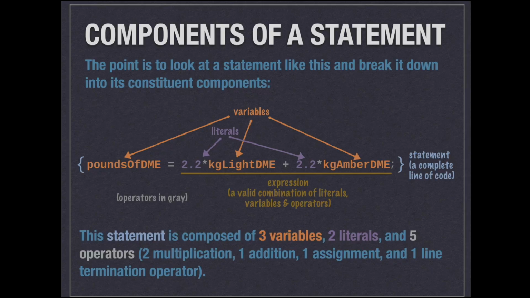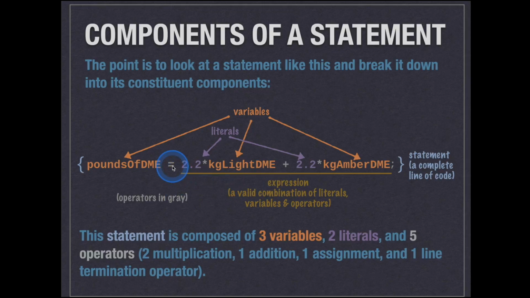The literal values I've got in purple, so you can see there's two literal values. These are actual bits of data, an actual number, an actual piece of text. So there's 2.2 in both cases. I've got operators in gray. I don't have arrows going to them just because the amount of arrows got out of hand and covered up a lot of what I was trying to do.